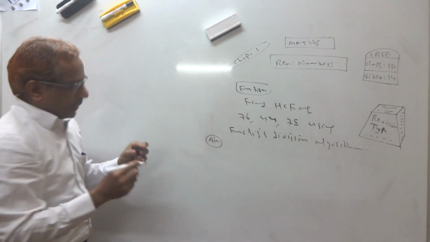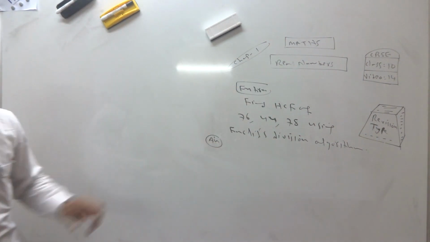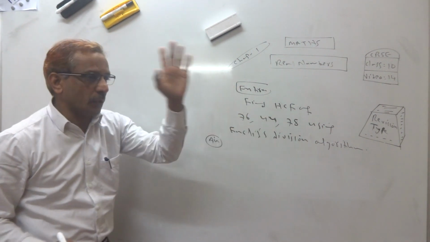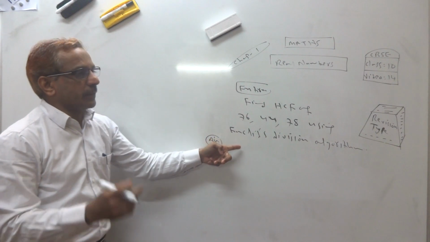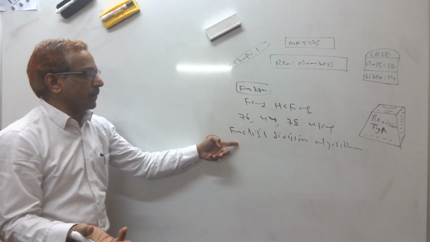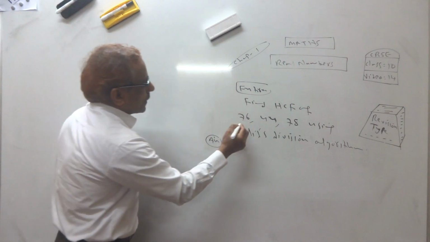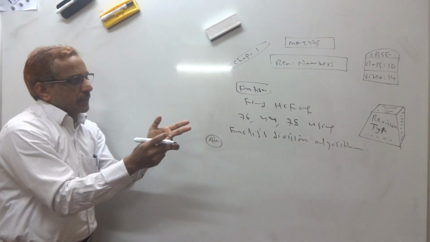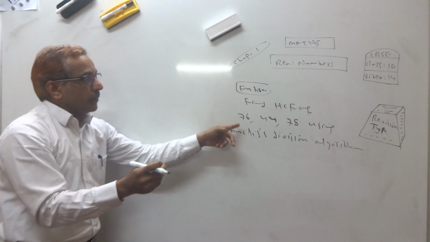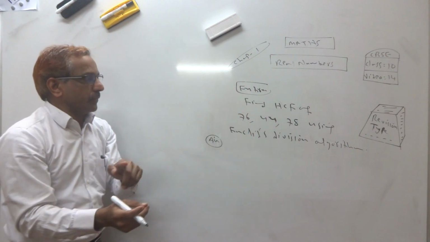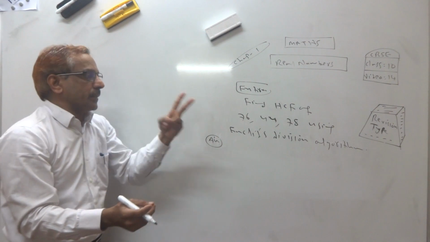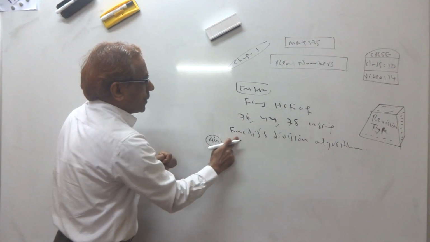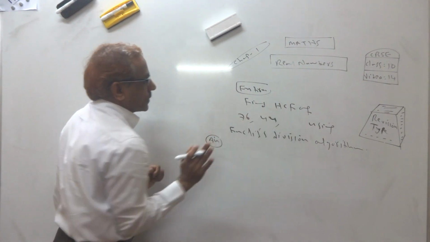Please see how to find HCF of 3 numbers using Euclid's division algorithm. This is not there in the textbook but can be asked in the board exam. In the textbook we have finding HCF of 3 numbers using prime factorization, but this question is to find HCF of 3 numbers using Euclid's method, and actually we have only for 2 numbers.